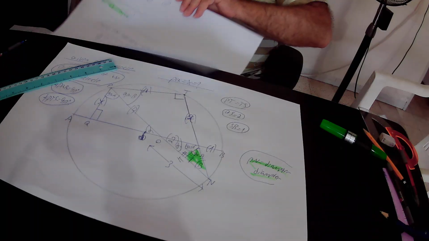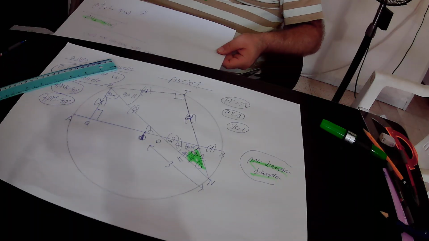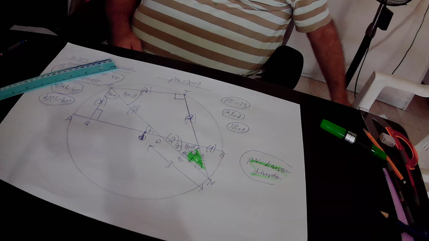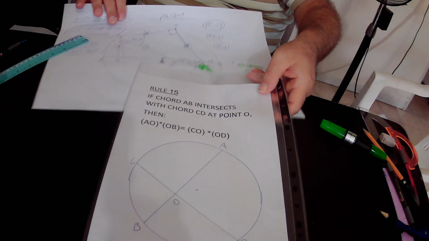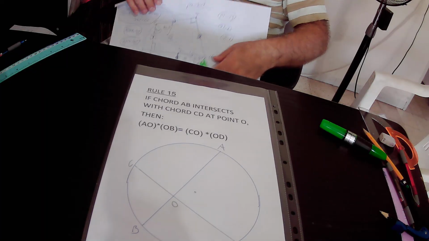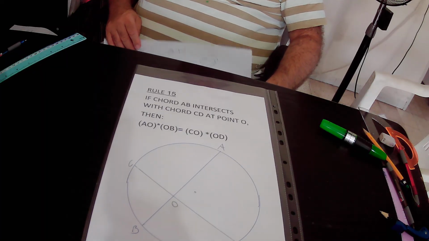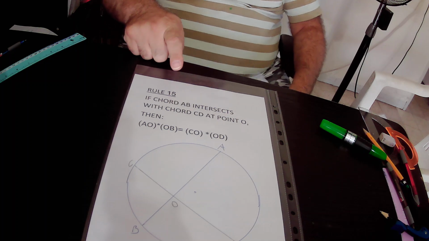So if we can implement in our drawing rule 15, I can click on rule 15. According to rule 15, if chord AB intersects with chord CD at point O, then the following equation is true, that AO times OB equals CO times OD.